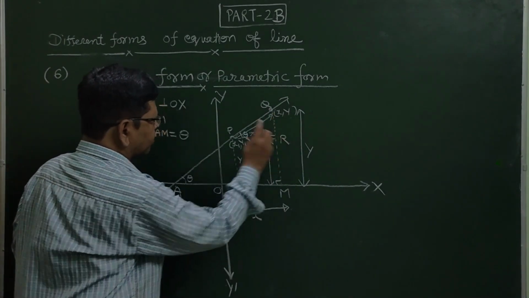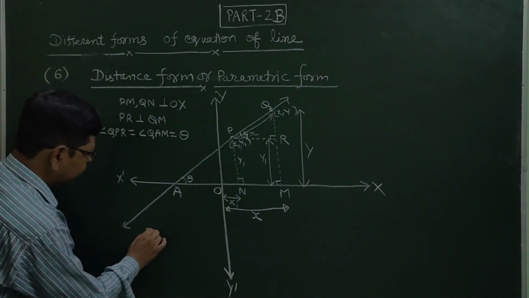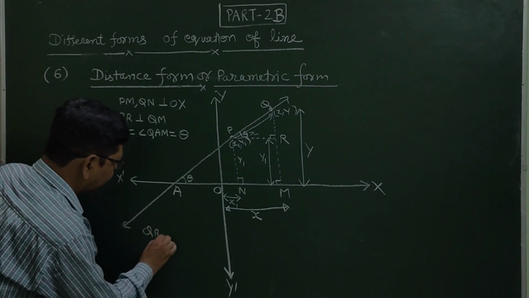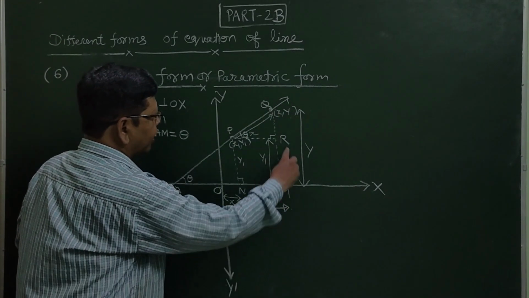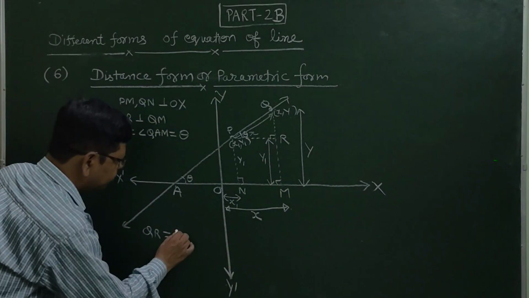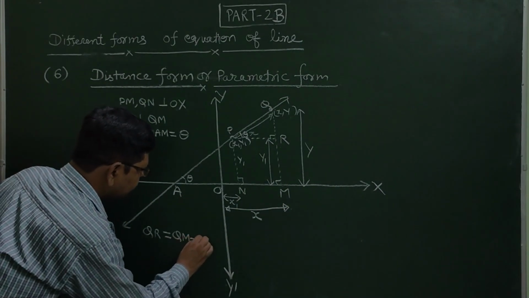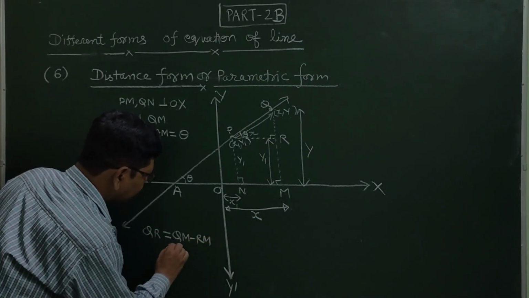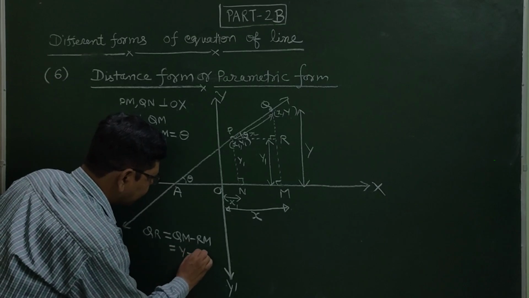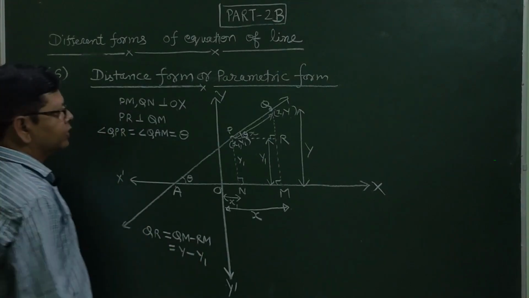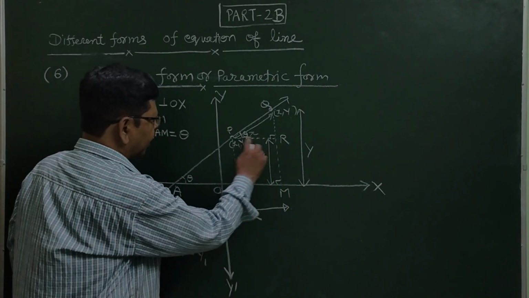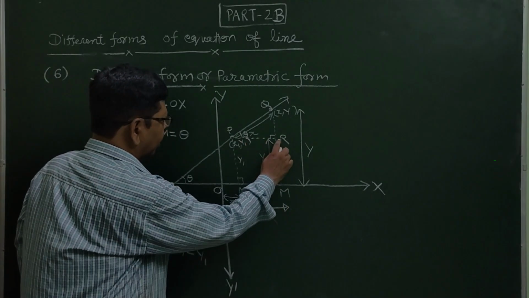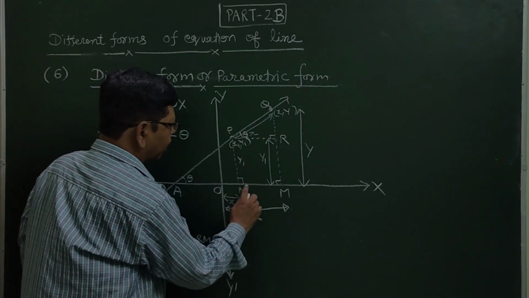Now distance QR will be equal to QM minus RM, equal to y minus y1. Now this PRMN is a rectangle, so distance PR will be equal to MN.